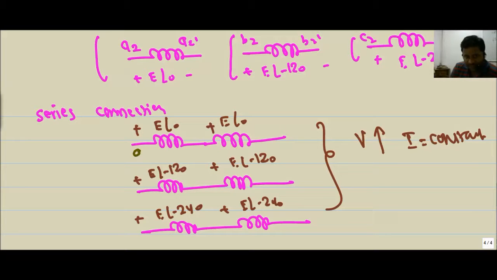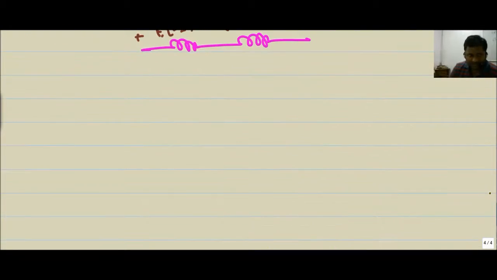Here we have shown this is called A1, this is called A1 dash. Similarly, this is called A2, this is called A2 dash. Now, in the parallel combination, we can connect this winding in parallel like this.